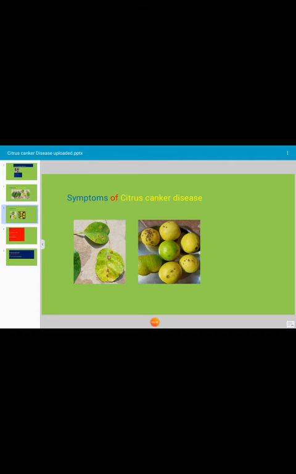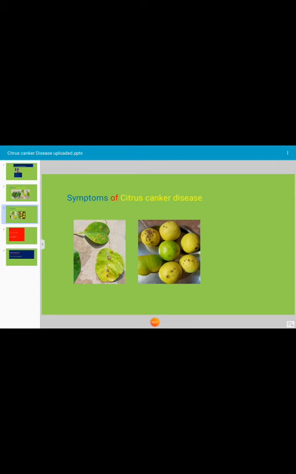Fruit skin shows infection, and such fruits become difficult for the farmer to sell. But the infection remains up to the skin only because it never enters into the pulp of the fruit.